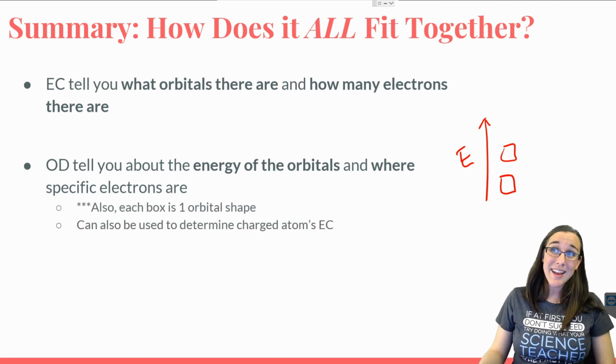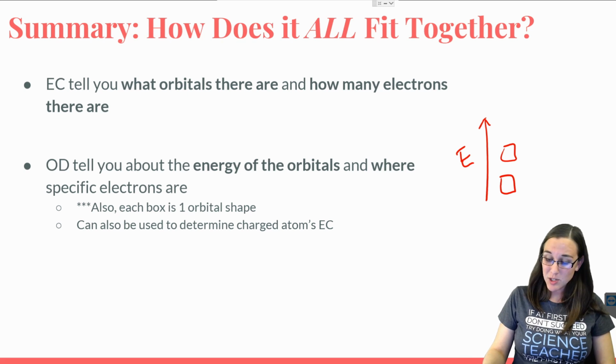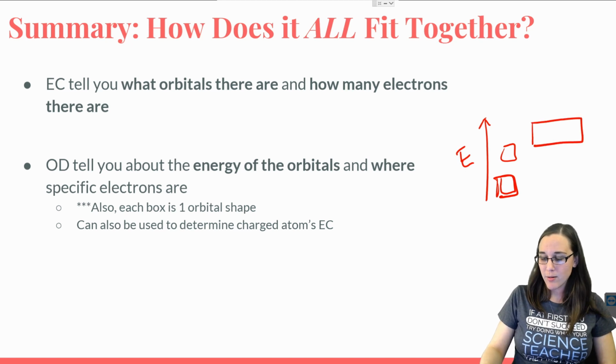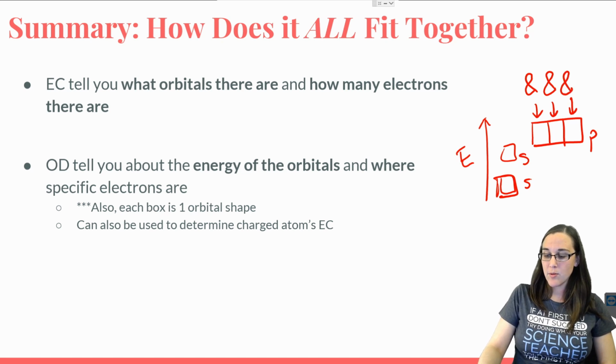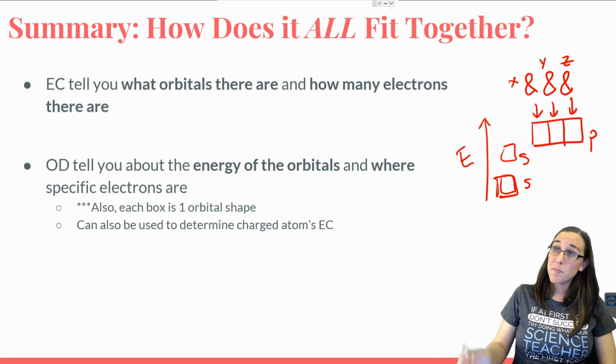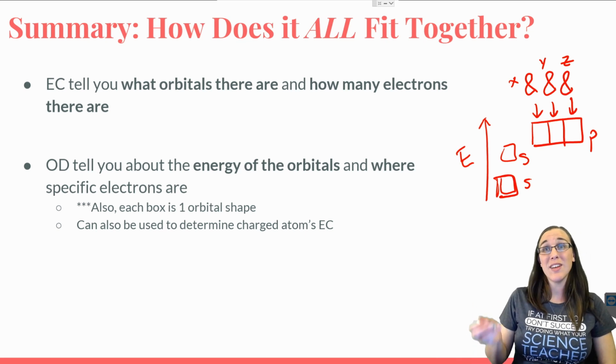In an orbital diagram, we also have each box itself representing a specific shape. So if we're thinking about the s, and then the p's, each one of these was one of those peanut shapes. So we had an x, y, and z axis. So each box is representing a specific shape.